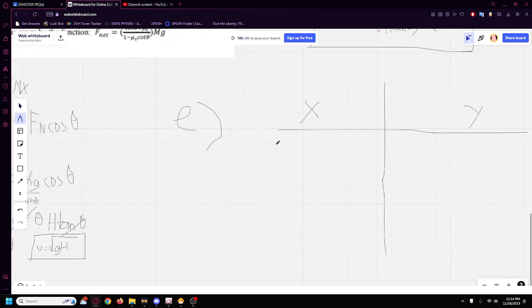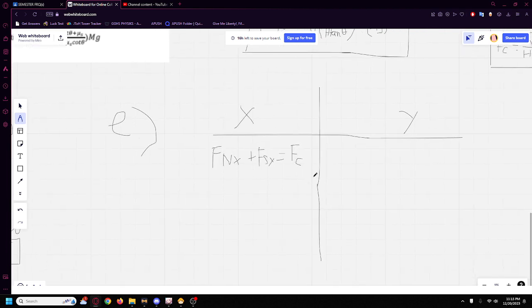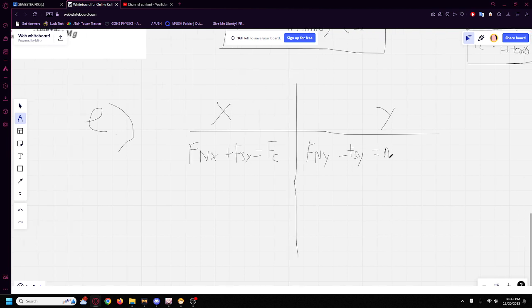In the x direction, F_N x plus F_s x. F_s x is the horizontal static friction force, and that's equal to F_c. And then in the y direction, the vertical contact force minus the vertical static friction is equal to F_g, which is the same thing as mg.